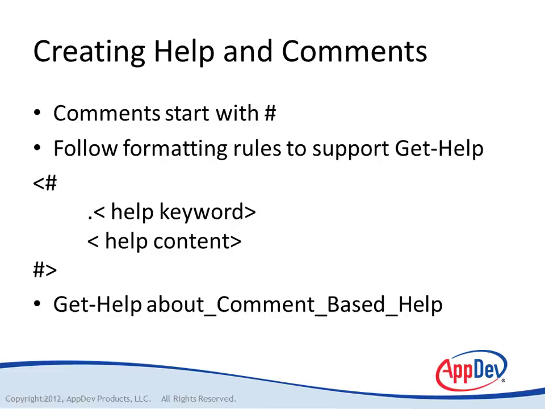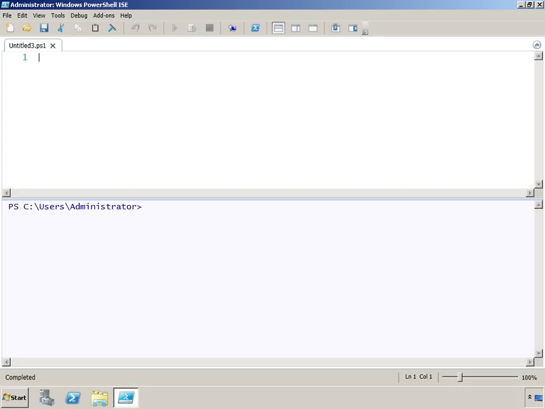What we're going to do now is just do a really simple one and create a synopsis for a basic function. And I think this is a good practice anytime you're going to write something that you may need to use a year later or that you're going to give to somebody else. One of the nice things about the comment-based help system is that you can put your comments in a few different places depending on your own personal style.